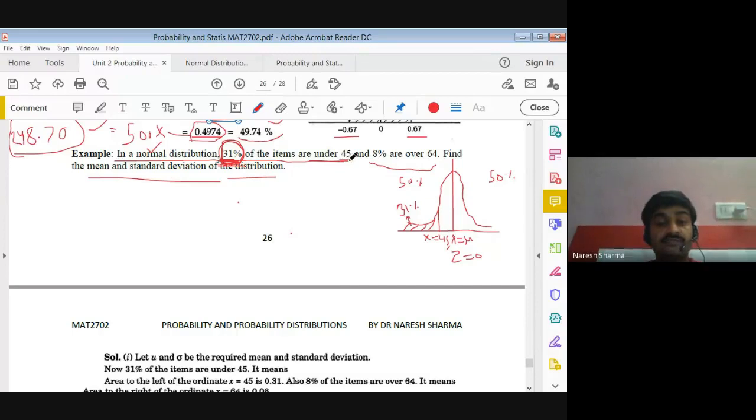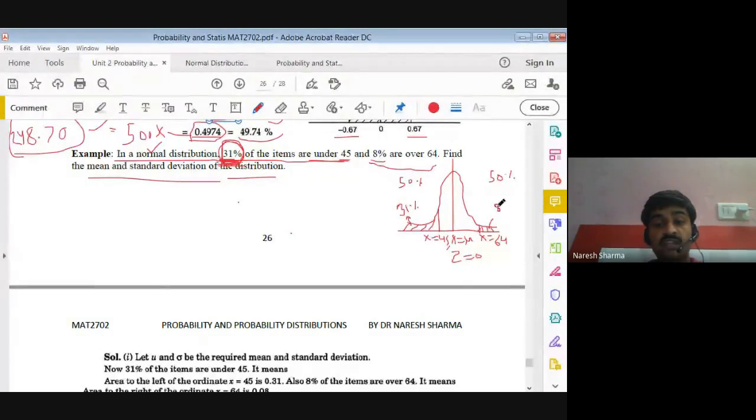Now it says 8% are over 64, meaning 64 is a point where 8% lies to the right of it. So suppose this is 8%, and this point x is 64.